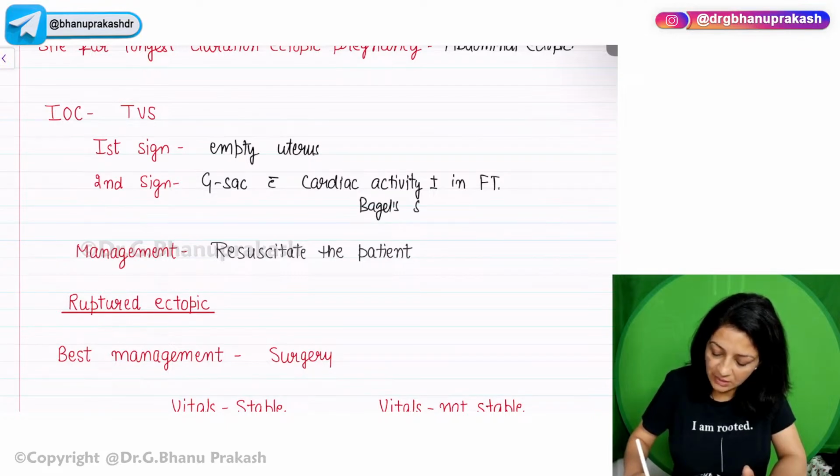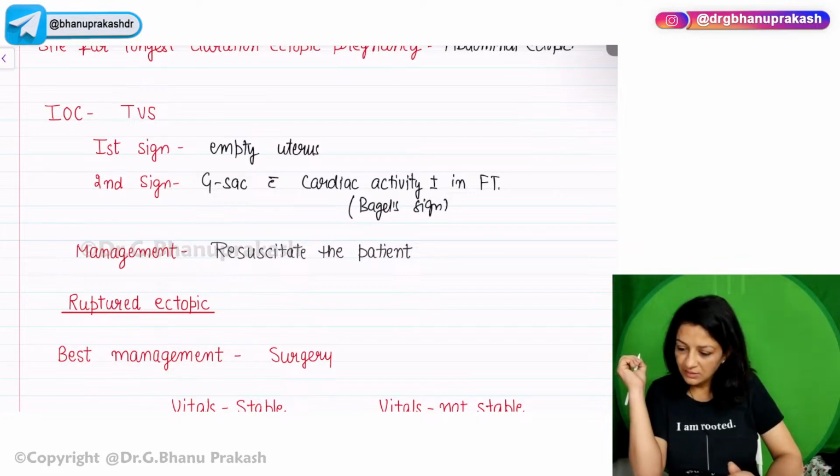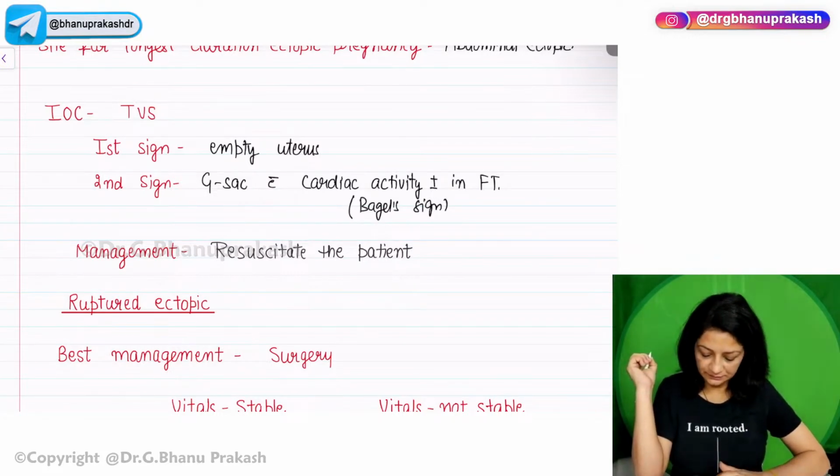It is called the Bagel sign, and also the ring of fire sign.